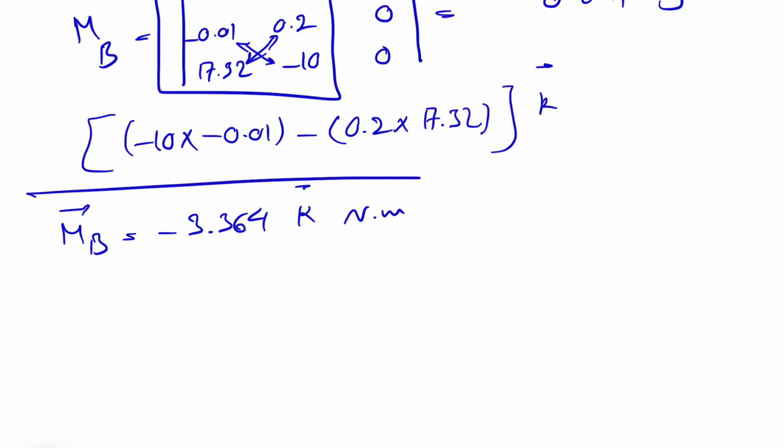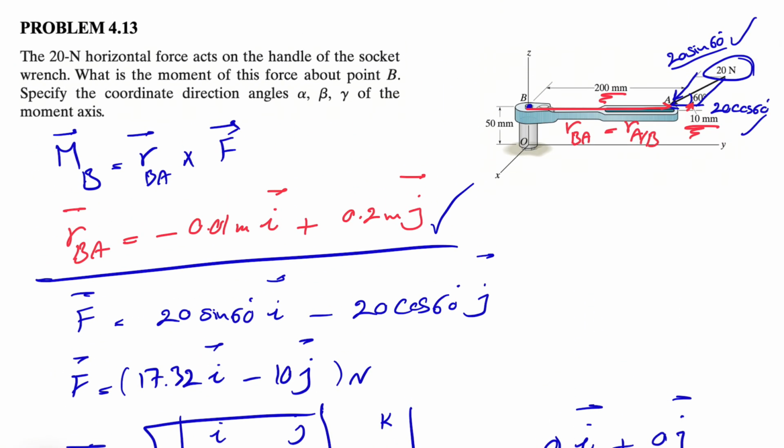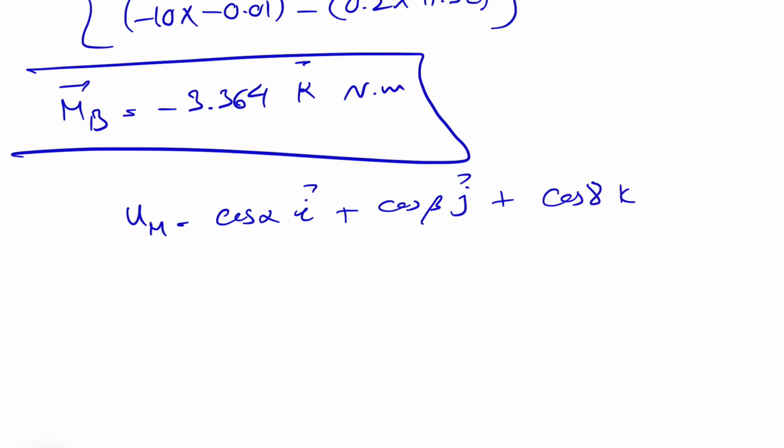So that was the first part of the question, finding the moment about B. In the second part of the question, we need to find the coordinate direction angles alpha, beta, gamma. We know the unit vector of our moment will be in this format: cosine of alpha i plus cosine of beta j plus cosine of gamma k.